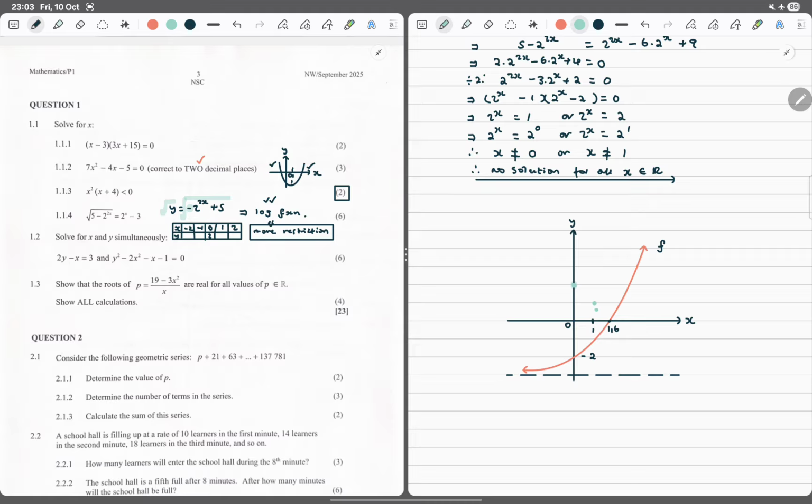But the question is, can this be 0? Is it possible? Well, we can try and say, when will something like this be 0? So this is 5 minus 2 to the 2x equal to 0. We still perform our gymnastics. We transpose this, we get 2 to the 2x is equal to 5.